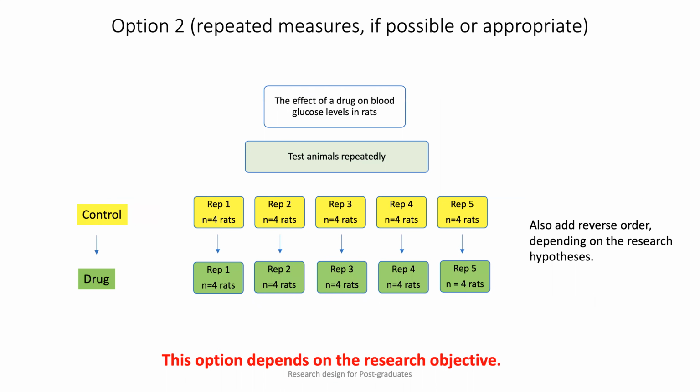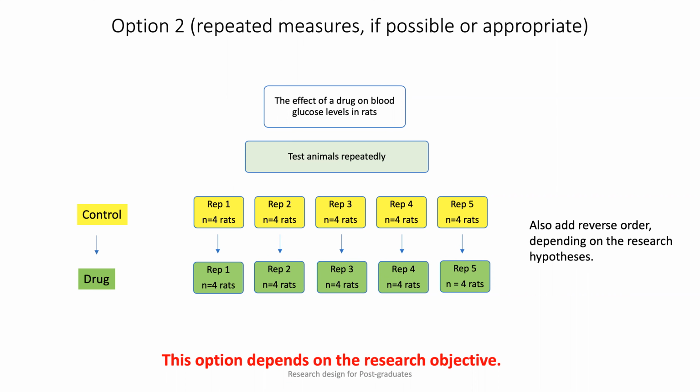Another option would be that you have to ask yourself what your research question is. And sometimes you may have designs, and you'll have them in all disciplines, where you have what's called repeated measures. In the case of repeated measures, you take a specific subject, or maybe a cage of animals or something like that, and you will be measuring repeatedly.